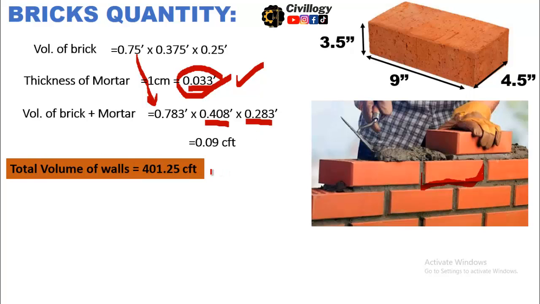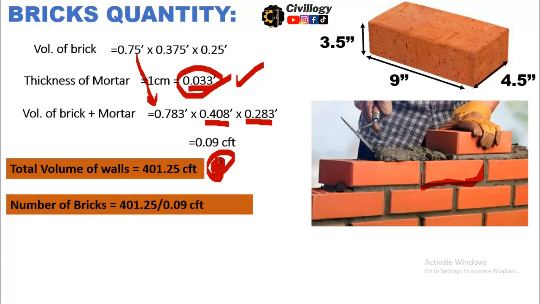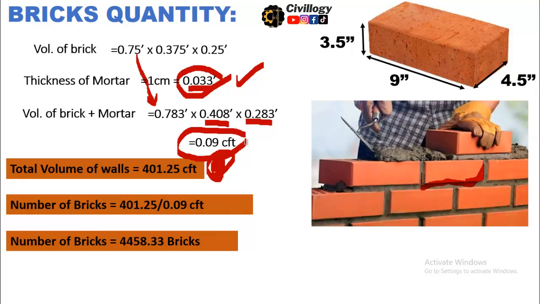So the total volume of walls will be equal to what we have already calculated in the previous slide. This was the total volume without mortar. So the number of bricks will be equal to 401.25 divided by 0.09 cubic feet, dividing the total volume of the walls by this volume, as this is the volume of the brick plus mortar. We will get the number of bricks, which is equal to 4458.33 bricks.